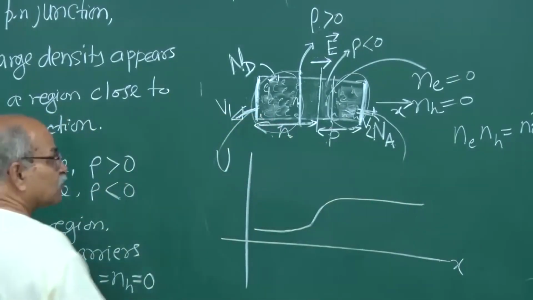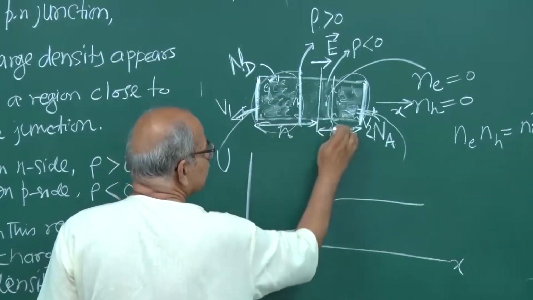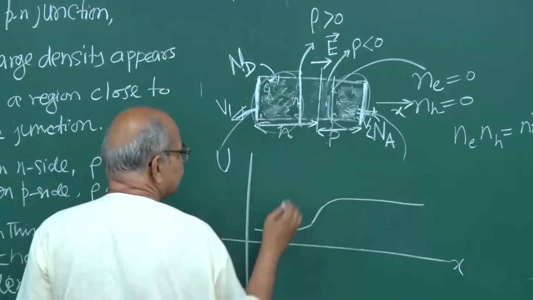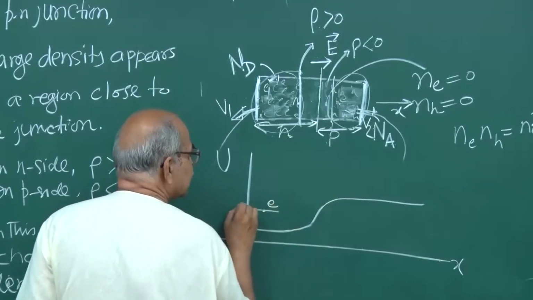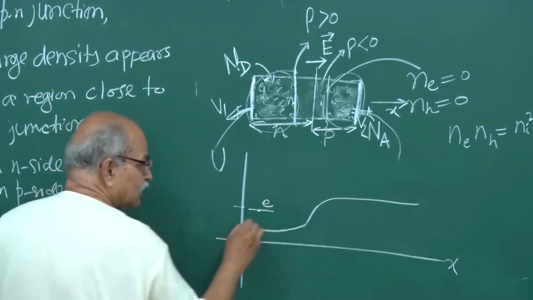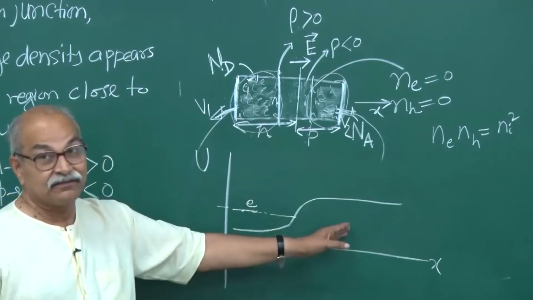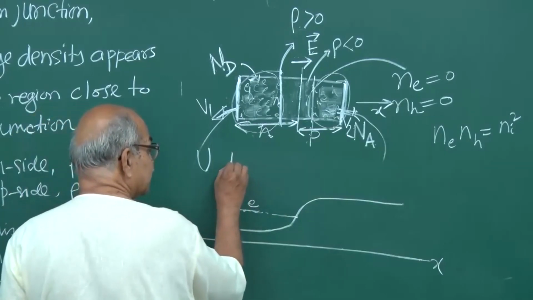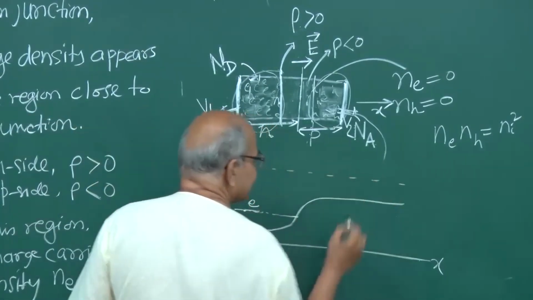So if electrons try to go from this negative side to that positive side, n-type to p-type, left to right, and they have some energy, say this is the energy of the electron, then it finds that there is a barrier out here. If the electron has this much energy, then this electron can go into this region.